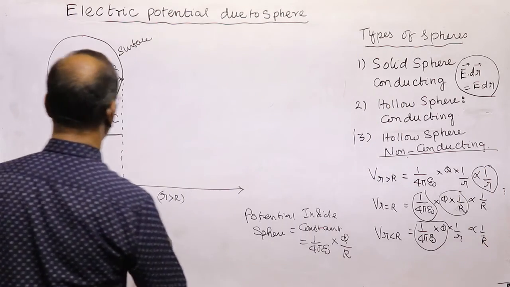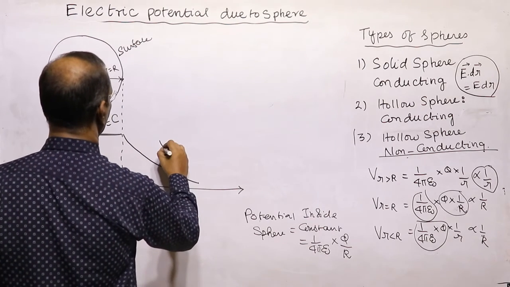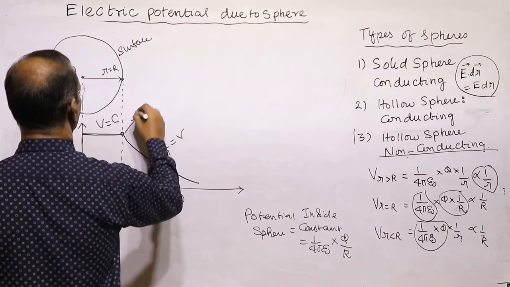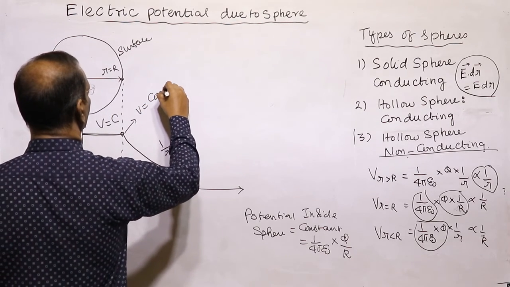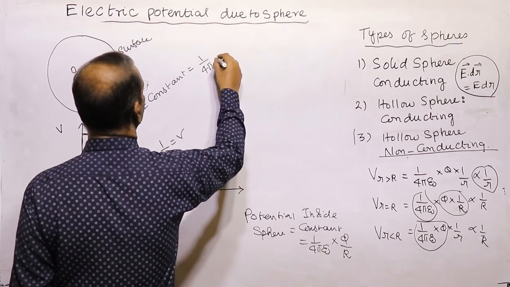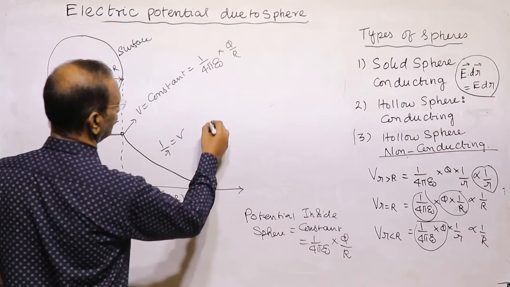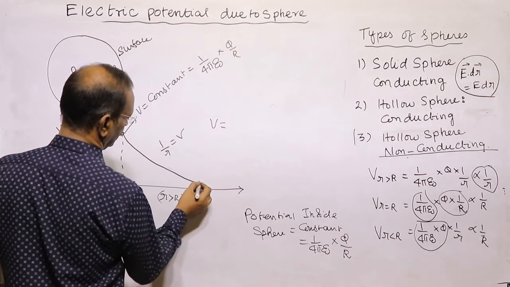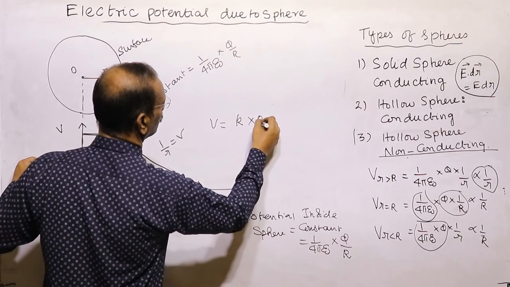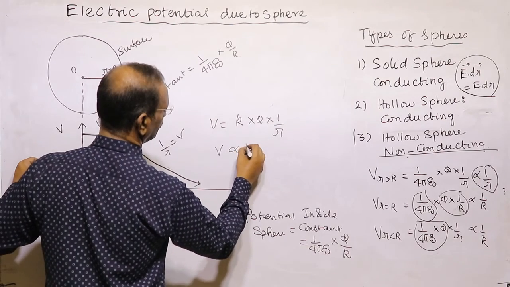It means from here onwards the potential decreases according to the relation 1 by r. Up to this point the potential is constant, whose value is equal to 1 by 4 pi epsilon naught into charge by R. From here onwards the potential is equal to K into Q and varies as 1 by r.